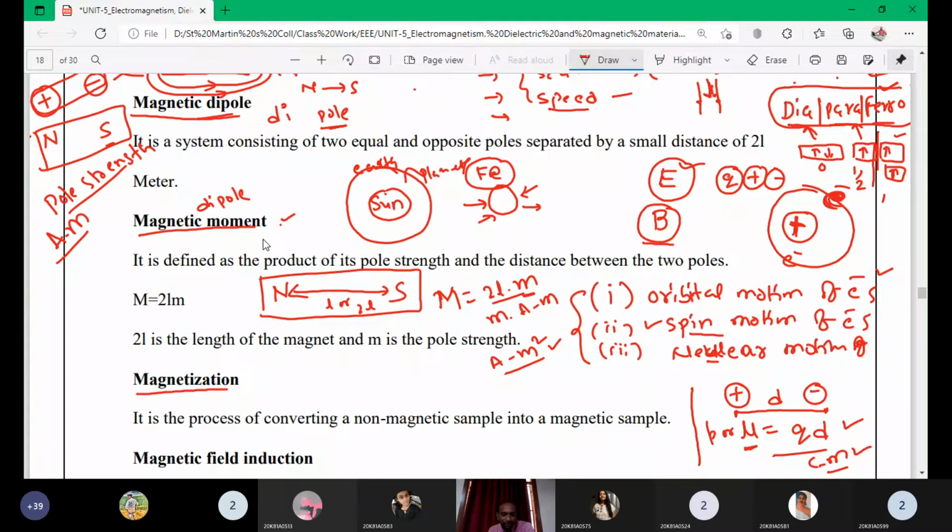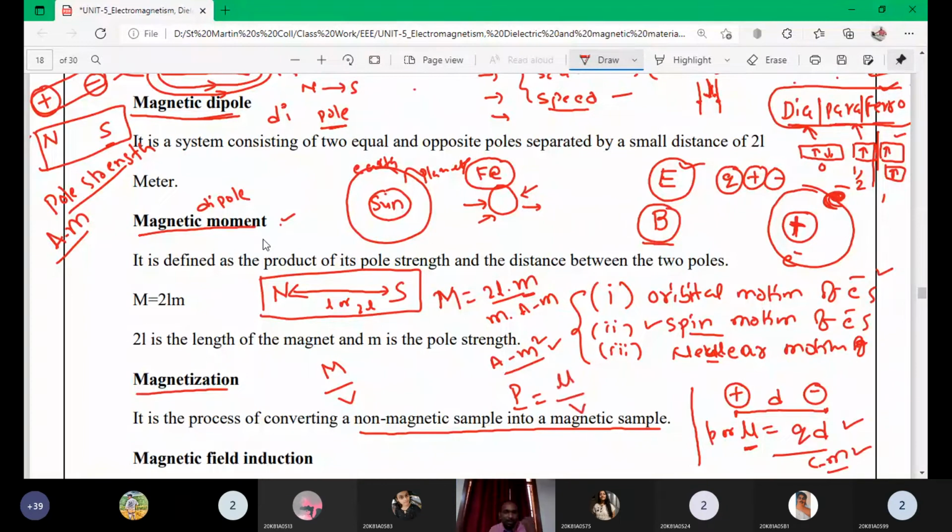Magnetization is the process of converting a non-magnetic sample into a magnetic material. Or you can write magnetic dipole moment per unit volume. There we wrote polarization, capital P, electric dipole moment per unit volume.